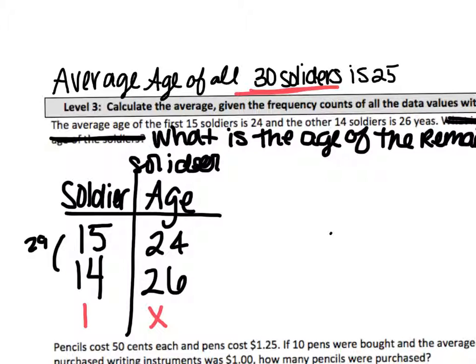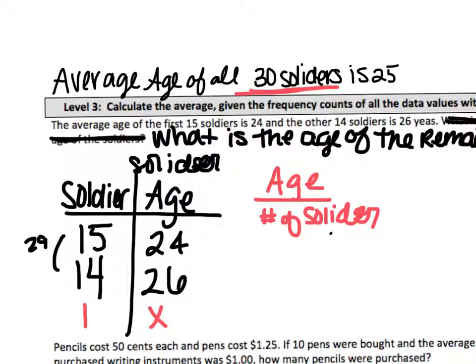Now I'm going to talk about what I'm going to divide by. We want to know the age of the remaining soldier, and we're talking about age per number of soldiers. So on the top it'll be age, and the bottom will be number of soldiers. When we talk about age, we're talking about the number of combined years of all the soldiers.